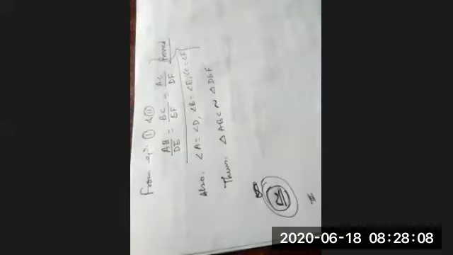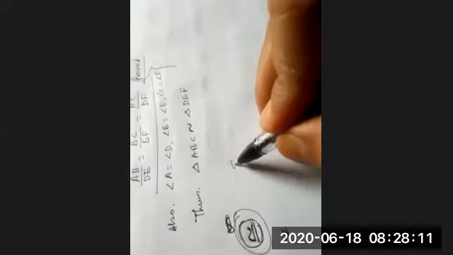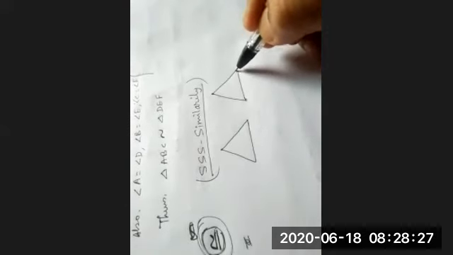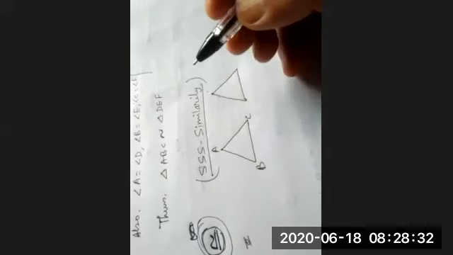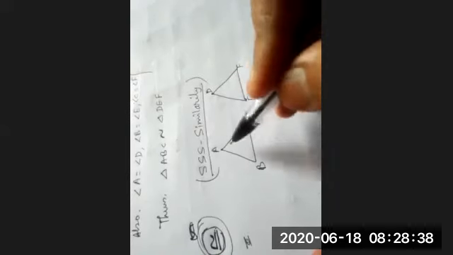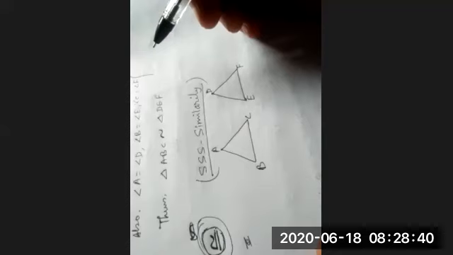So the next theorem is SSS similarity. You have to know this also. Means in two triangles, if the corresponding sides are equal, or you can say proportional also.